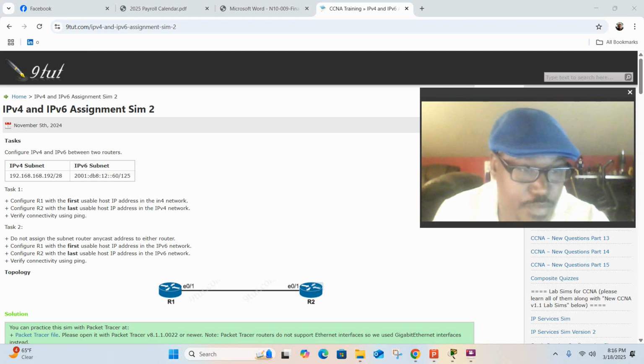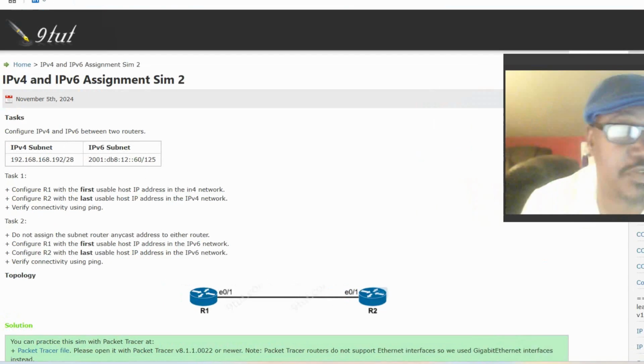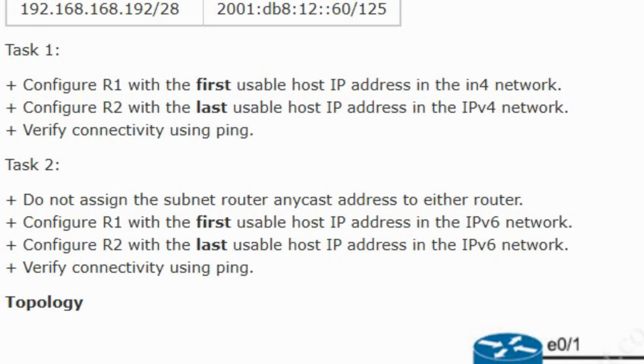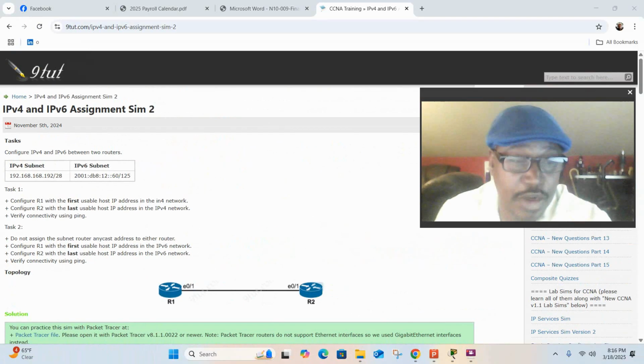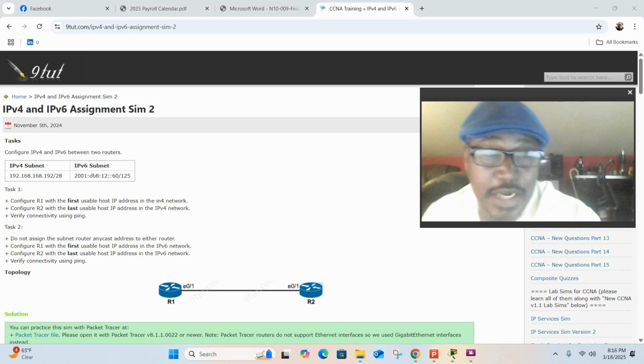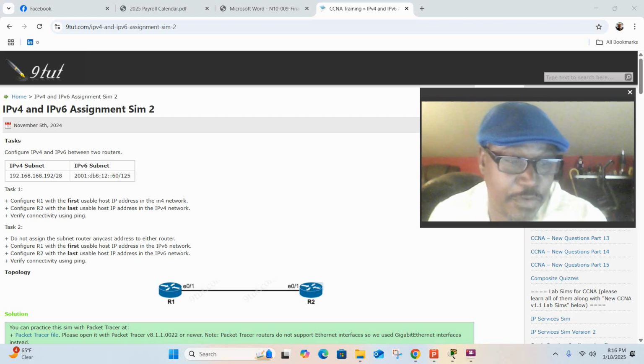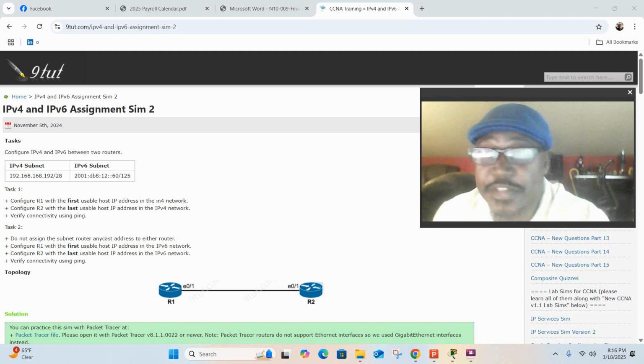Our first task is to configure on R1 the first usable host IP address for the IPv4 network. And on router 2, we have to configure the last usable host address on the IPv4 network. And I'm thinking we do the same thing on the IPv6 network.